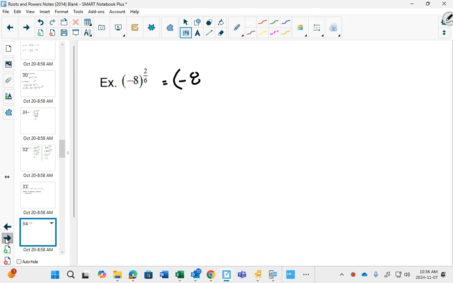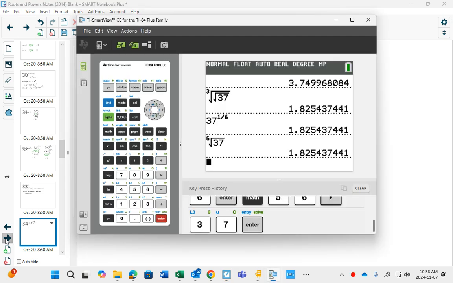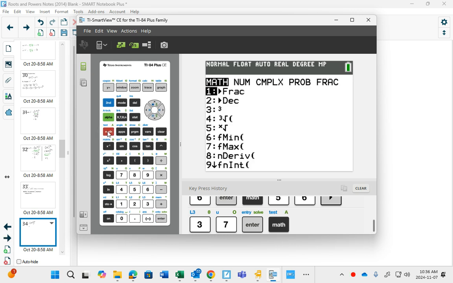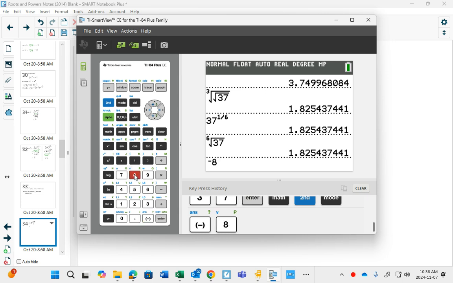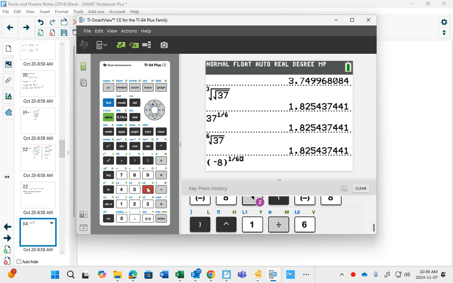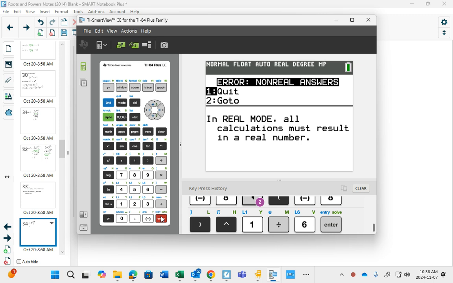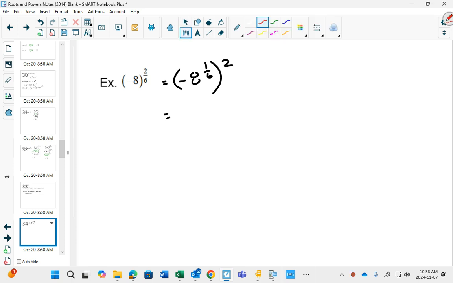If I do the 1/6 first, and then square it, I go to my calculator, and I do -8 in brackets to the 1/6, and my calculator gets mad at me and says, that's not real. This is an error. So here I get an error.